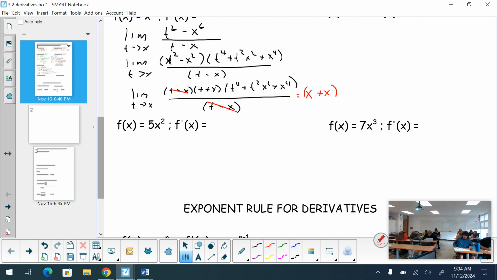So we have x plus x is the first one. Second one, x to the 4th plus x squared x squared plus another x to the 4th. A lot of algebra here.